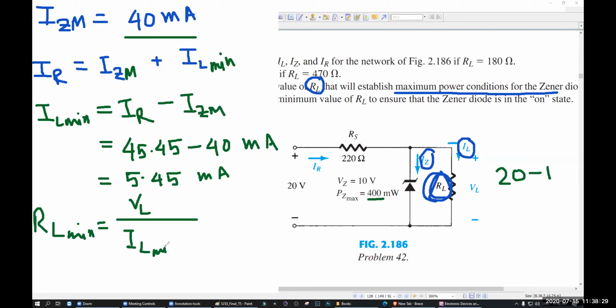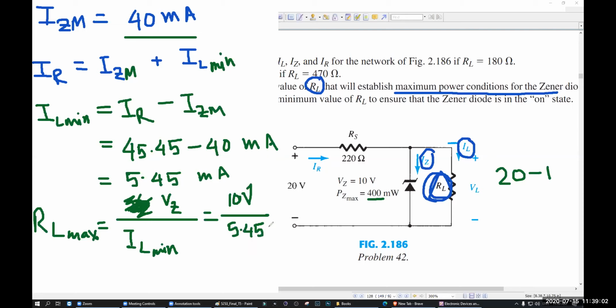I made a mistake earlier, it should be RL maximum and IL minimum.